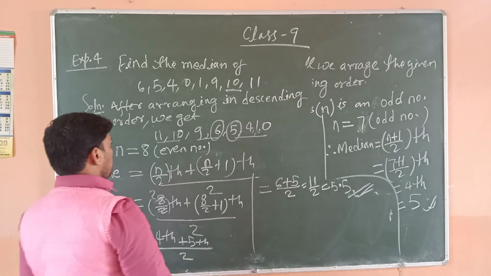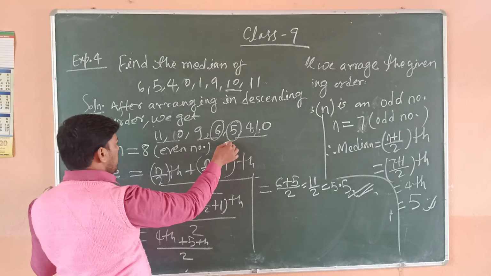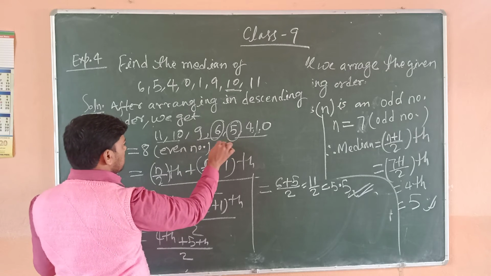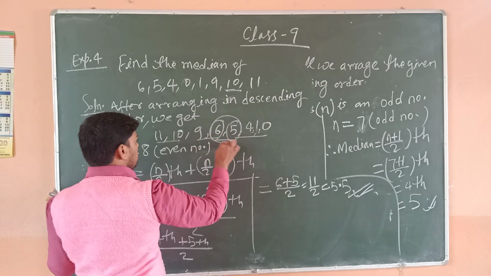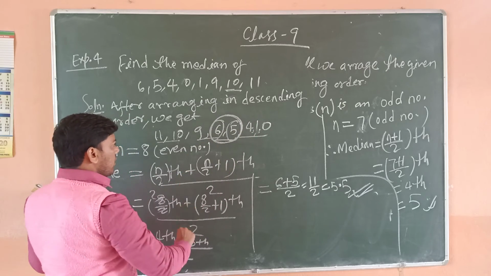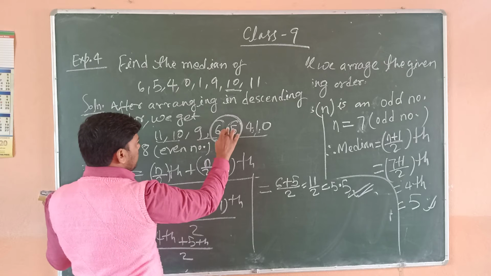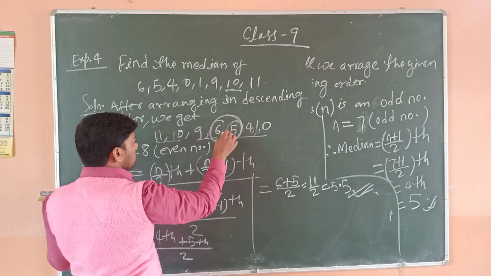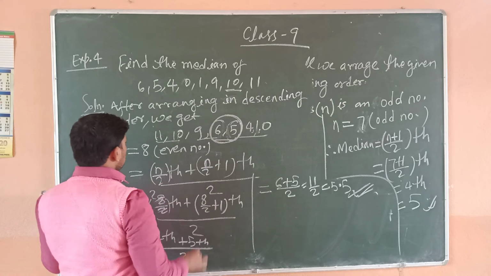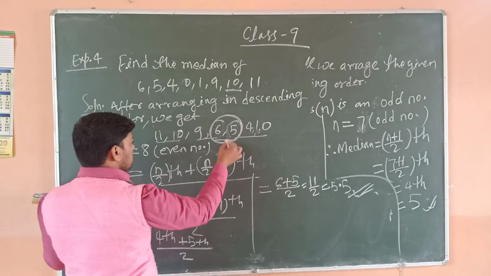So see, 6 and 5, there are two middle terms, 6 and 5. So the average of both middle terms is the median.